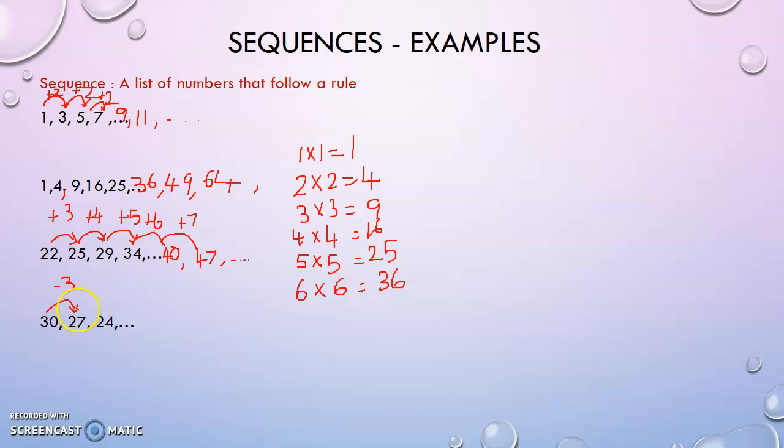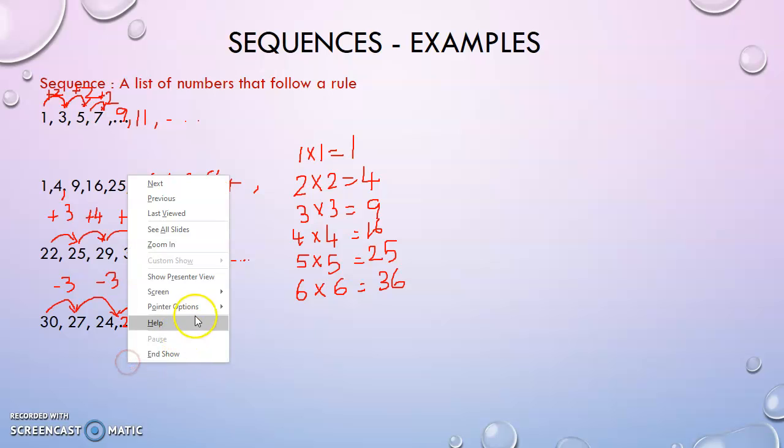Now when we subtract 3 from 27 we get 24. 3 less than 24, minus 3, we get 21. 21 minus 3 gives 18.